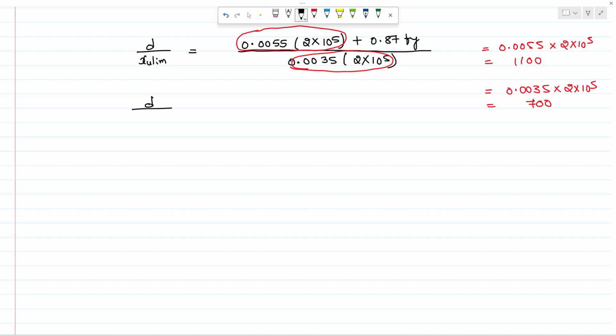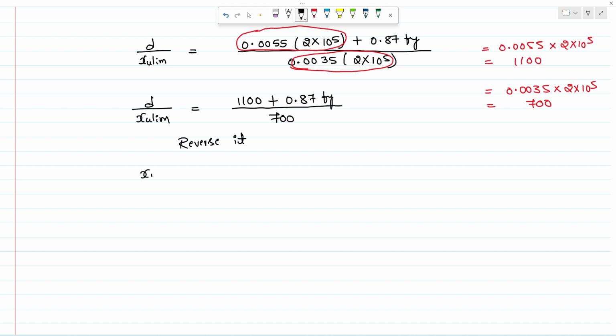So D divided by XU limit equals 1100 plus 0.87 Fy divided by 700. So let me reverse this equation.